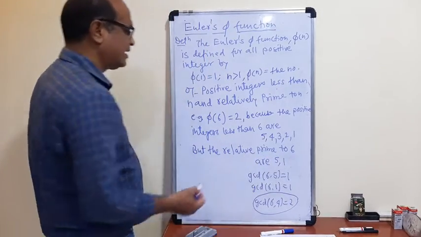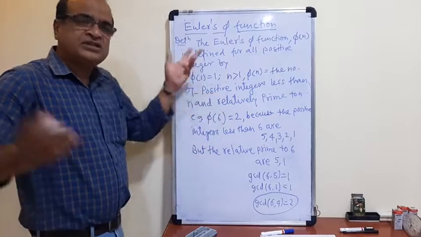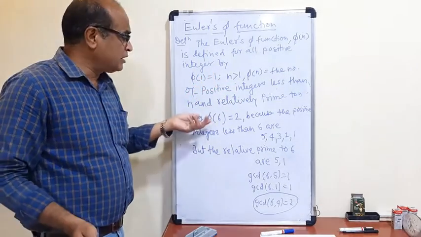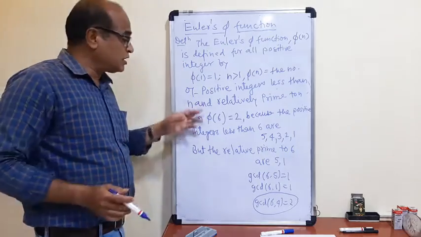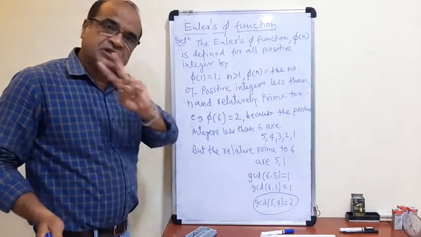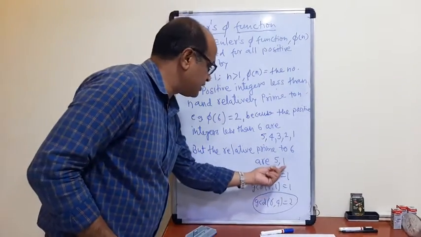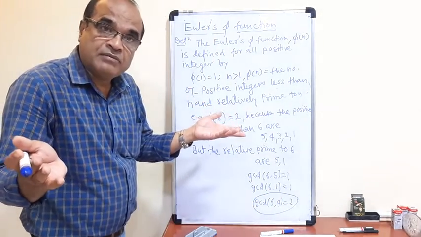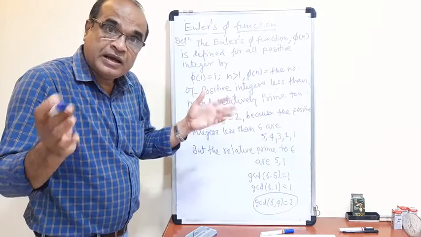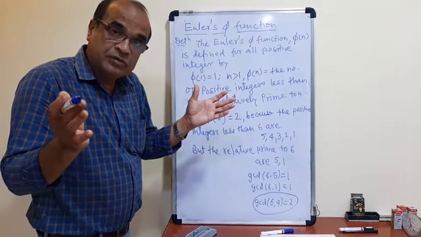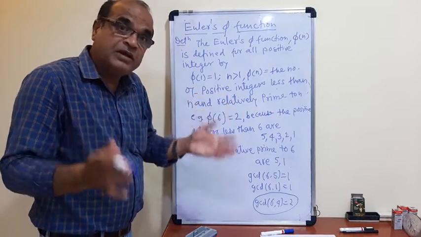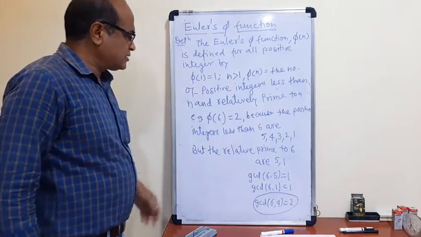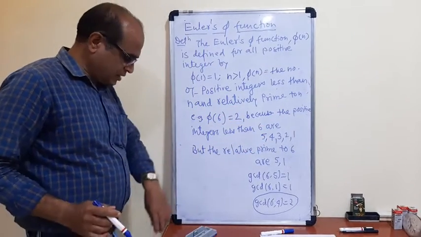Two numbers. So phi of 6 is 2. Two numbers A and B are relatively prime if GCD of A and B is equal to 1.